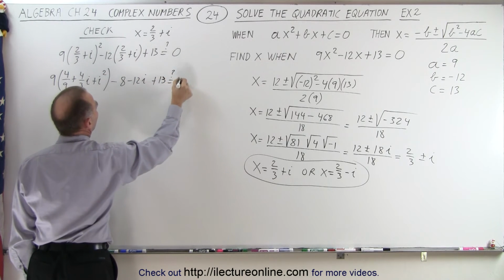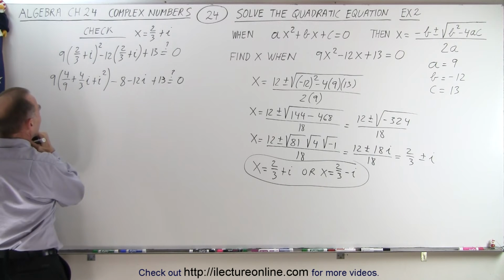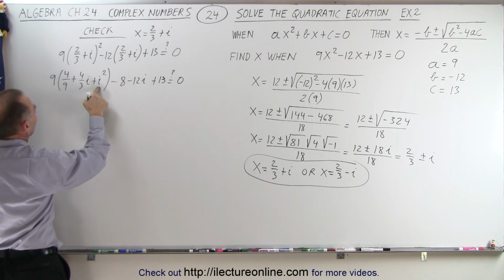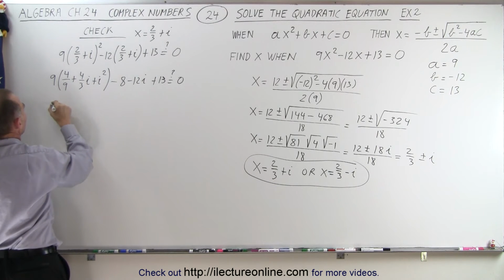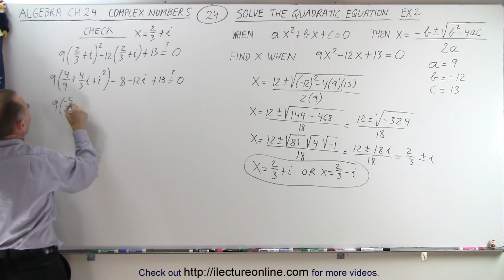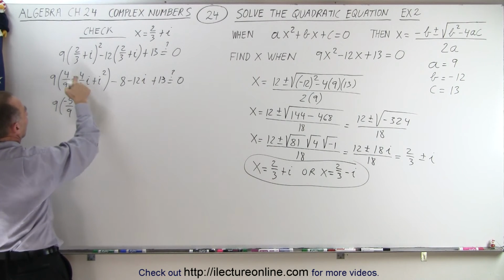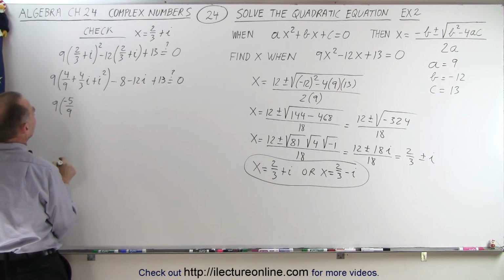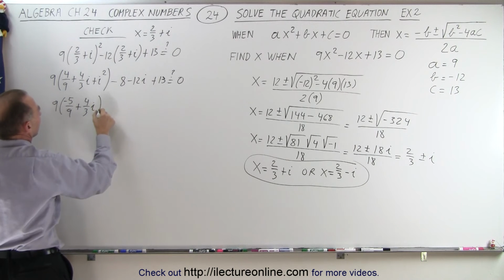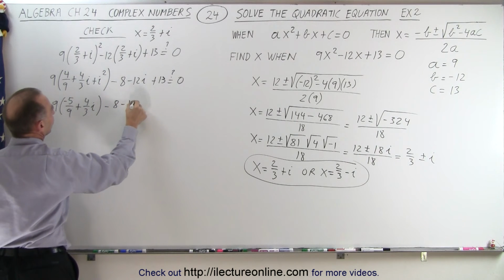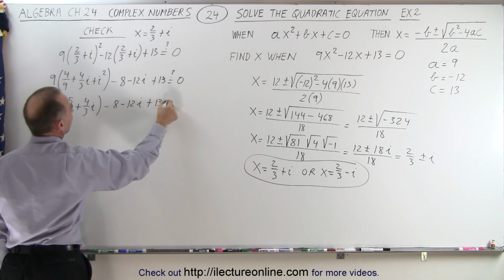Is that equal to 0? All right, I know that i squared is negative 1. So 9 times negative 1 plus 4, that would be 5, so we have negative 5. That's negative 1 added to 4 gives me negative 5 plus 4/3 i, minus 8, minus 12i, plus 13 equals 0.